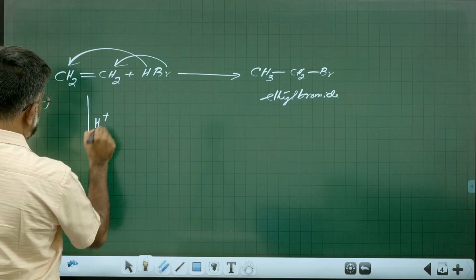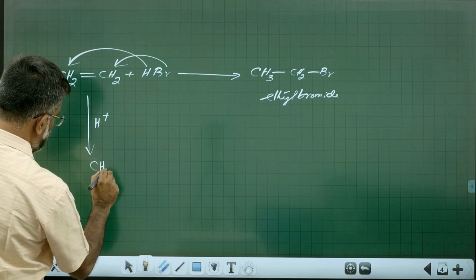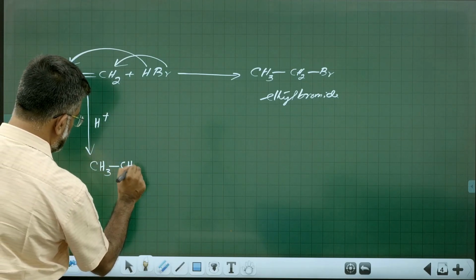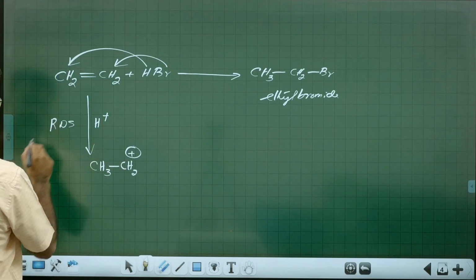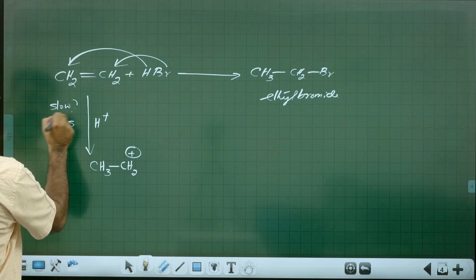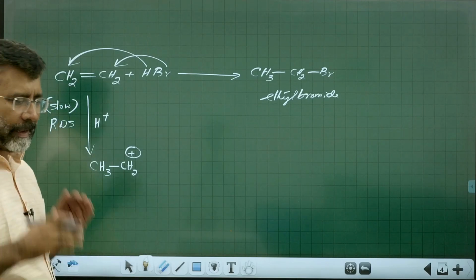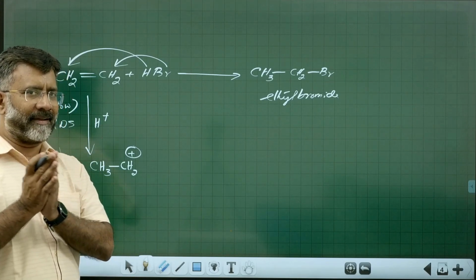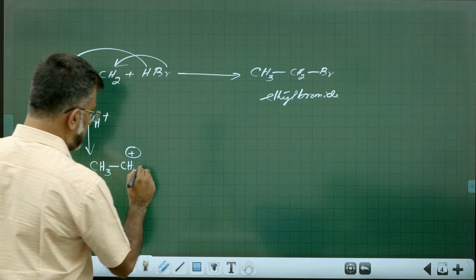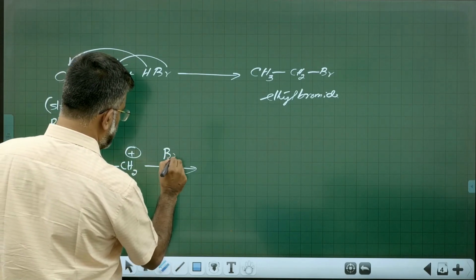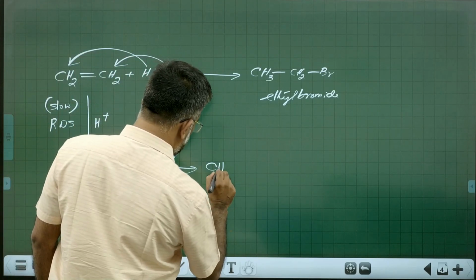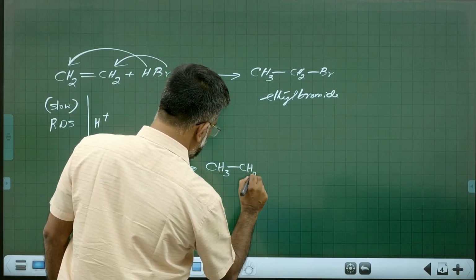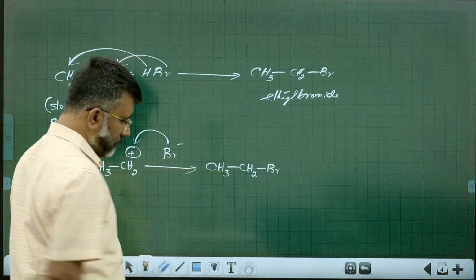Step 1, it is added with H plus and you get CH3CH2 plus, a carbocation, and this is the rate determining step of the reaction. That is the slow step of the reaction, and hence it is called electrophilic addition reaction. Only in the second step, Br minus is added and you get the final product CH3CH2Br.